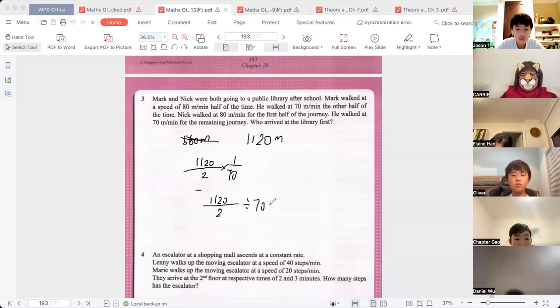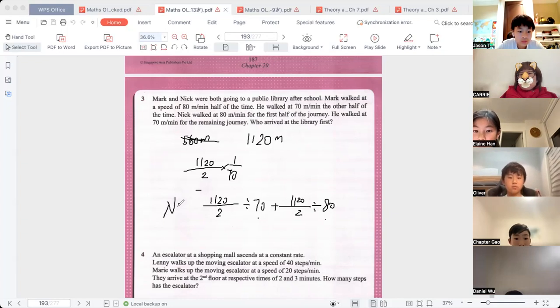That's the time taken by Nick, and 1120 divided by 2 divided by 80, correct? Because half of the distance Nick is using 70 meters per minute, and half of the distance Nick is using 80 meters per minute, correct, everybody? Isn't half of the time though? No, I'm talking about Nick, not Mark. Oh, yeah, Nick 比较简单嘛，我们先看 Nick.